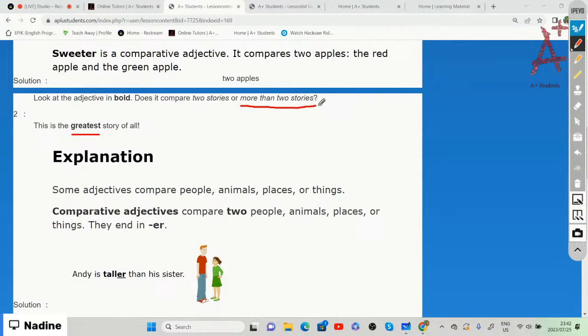Because they're not saying it is the greatest story than the other story. It is the greatest story of all the other stories, which means that we are now comparing this to more than two stories, right? And if we are comparing it to more than two stories and our adjective ends in est, then we can say this is a superlative adjective.